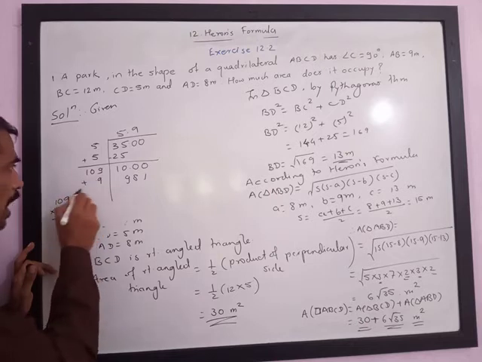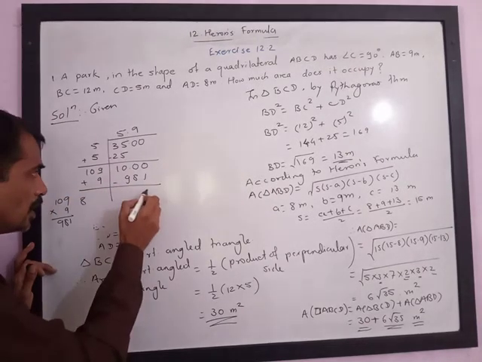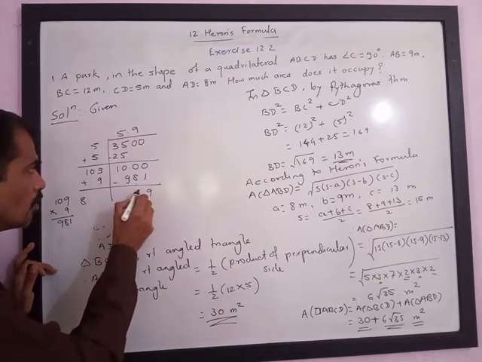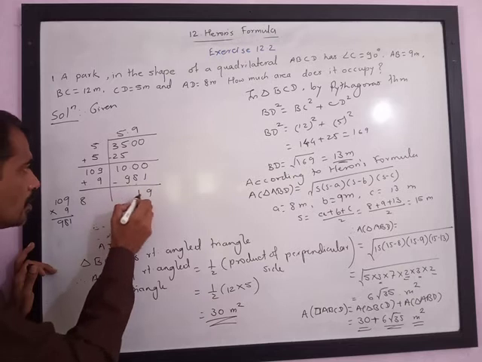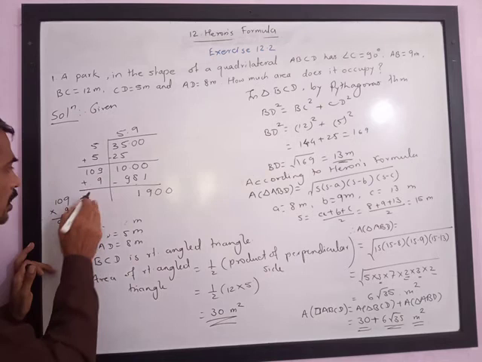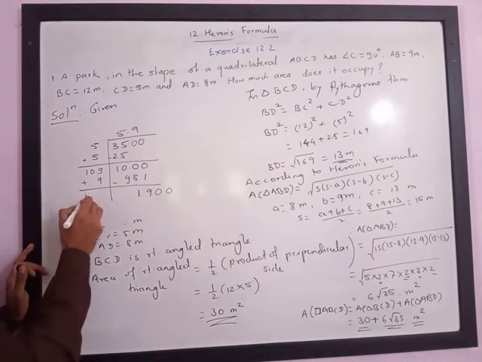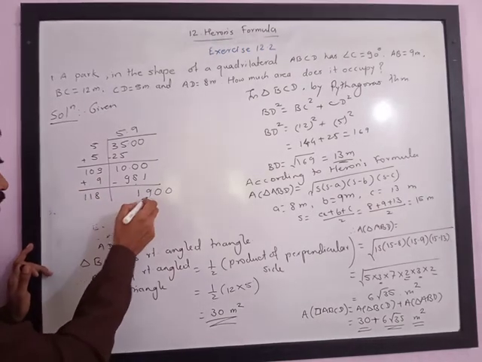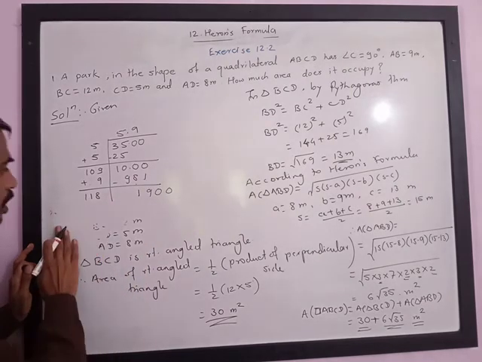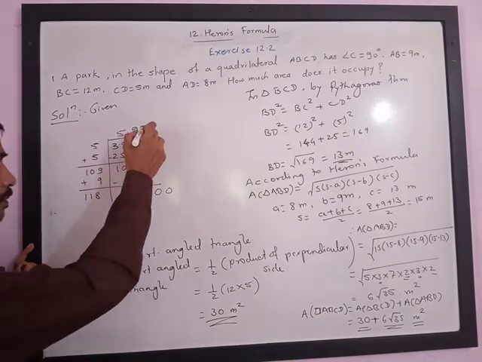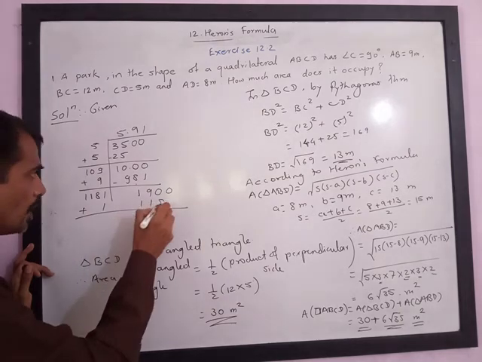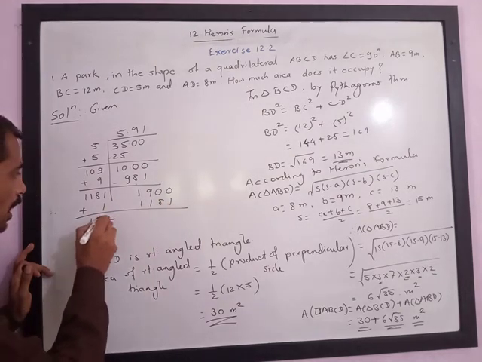On this side we have to do the addition, on that side we have to do the subtraction. Then we can take two digits. Here we will get 118, 1181, 1182.